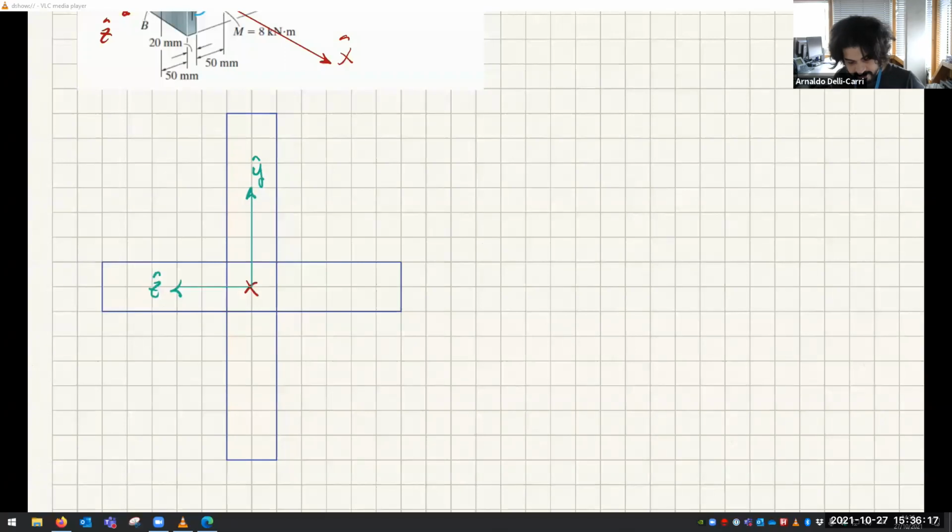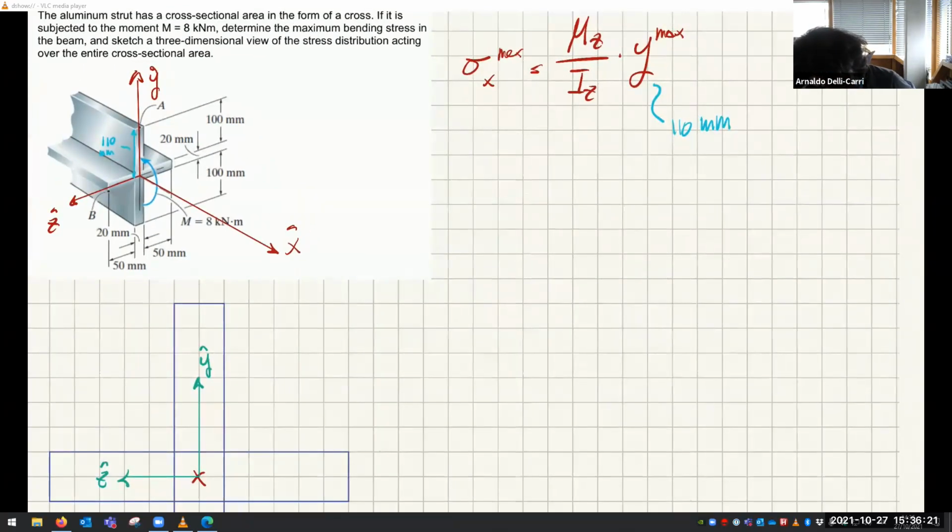So let me call this rectangle 1 plus rectangle 2 minus the square.